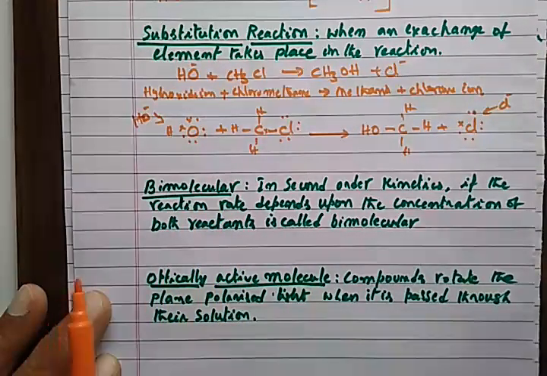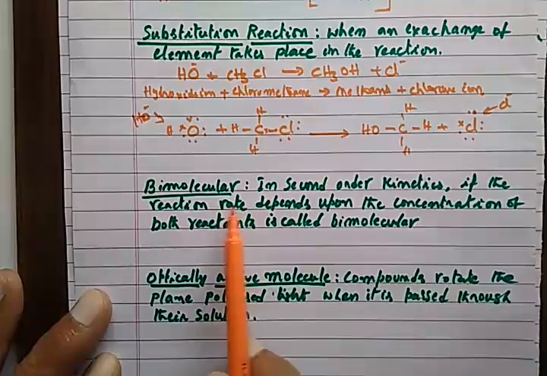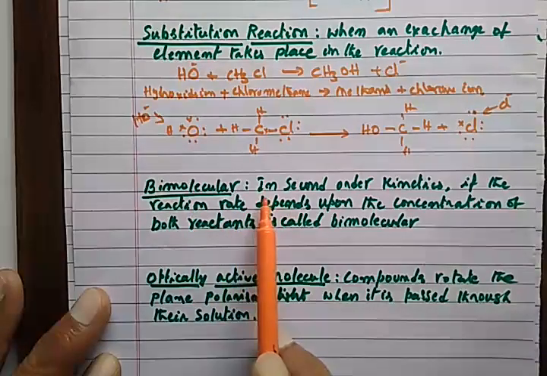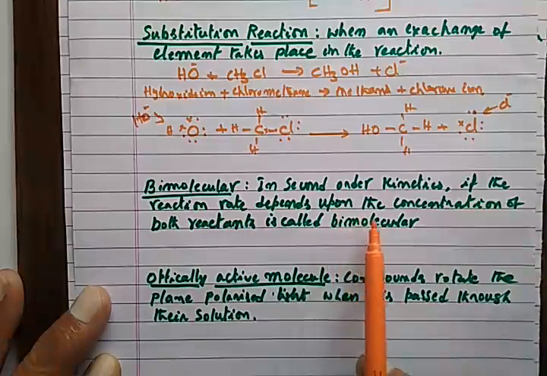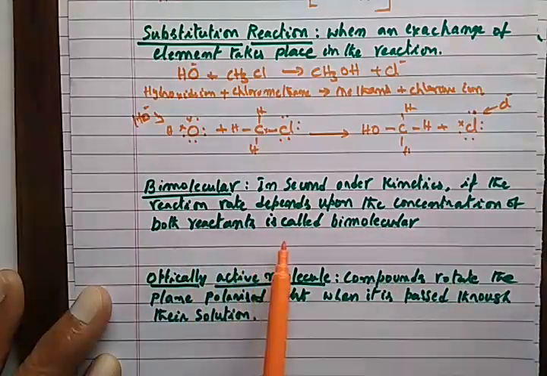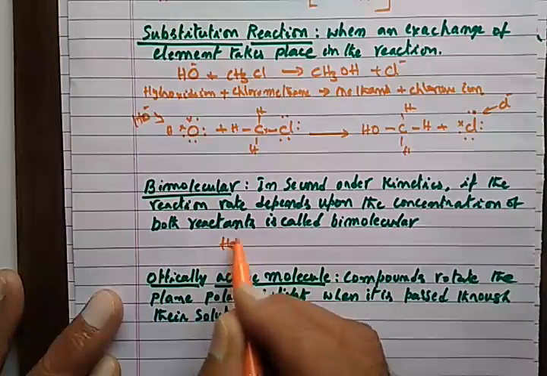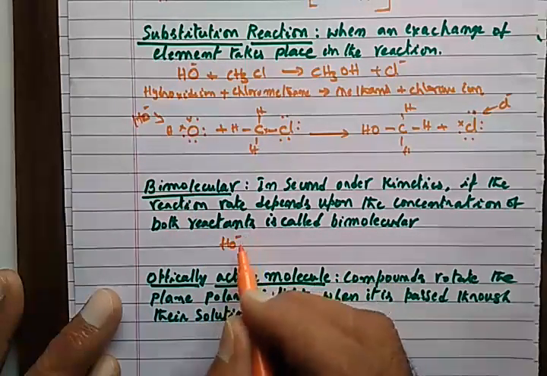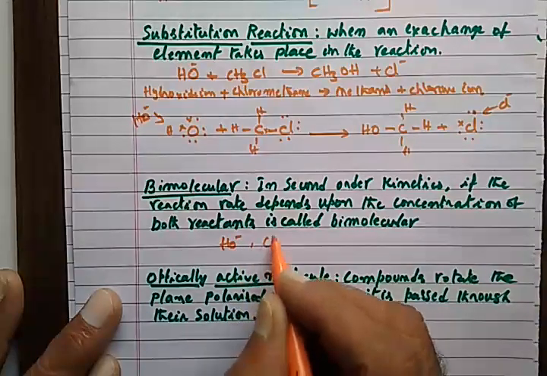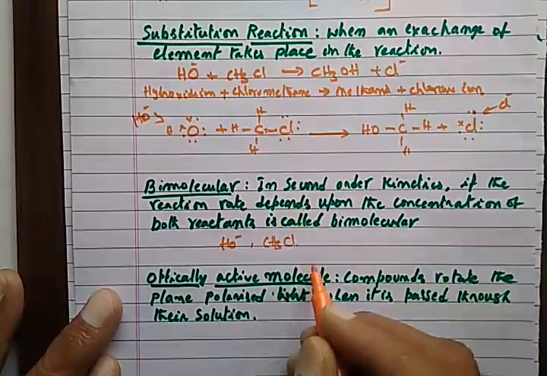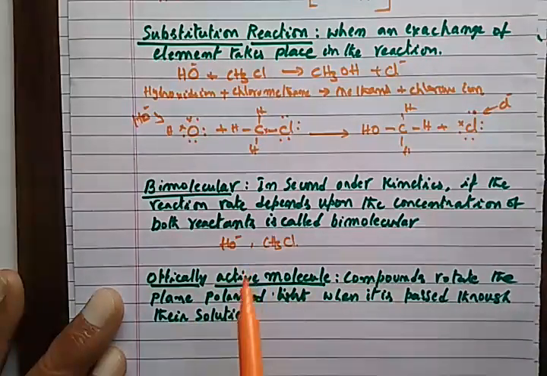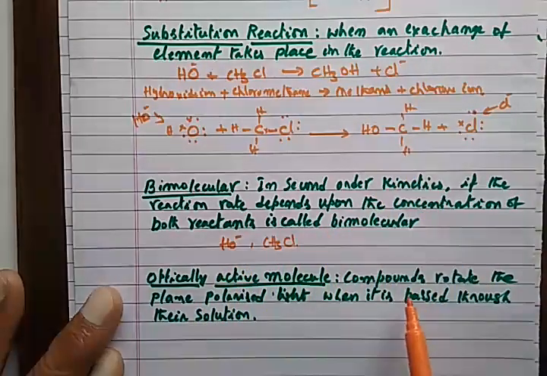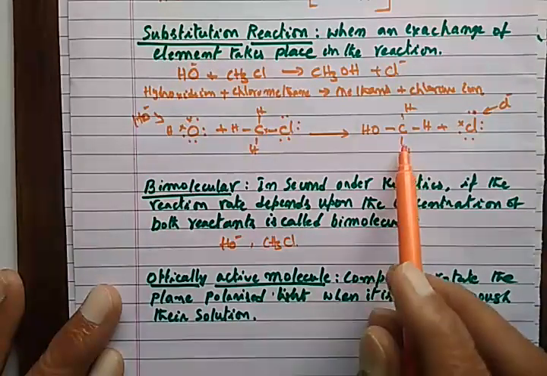Bimolecular. Bimolecular means, in second order kinetics, if the reaction rate depends upon the concentration of both reactants, it is called bimolecular. In this reaction, hydroxide ion and chloromethane concentrations are required to calculate the concentration of methanol.